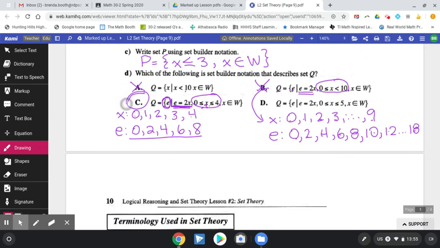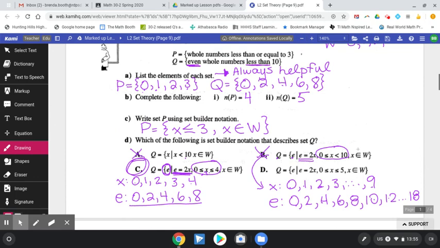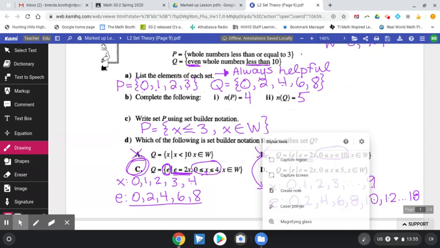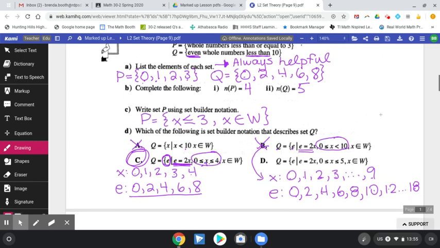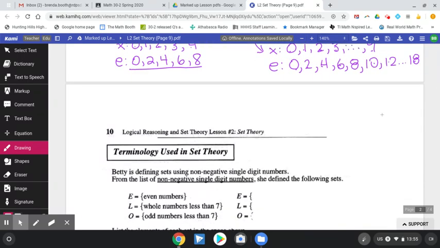So C is the proper way to use set builder notation in order to describe the numbers that we see in set Q up here. So pretty tricky with that whole combination of X's and E's, but like I said, you won't have to do too much of that.